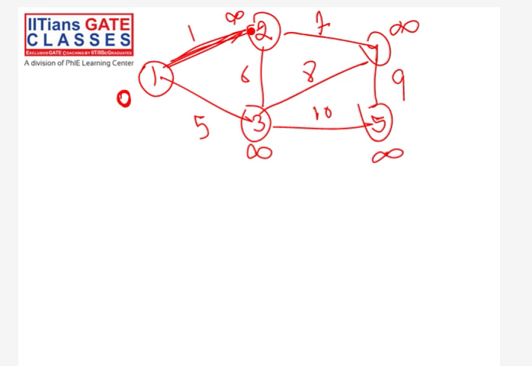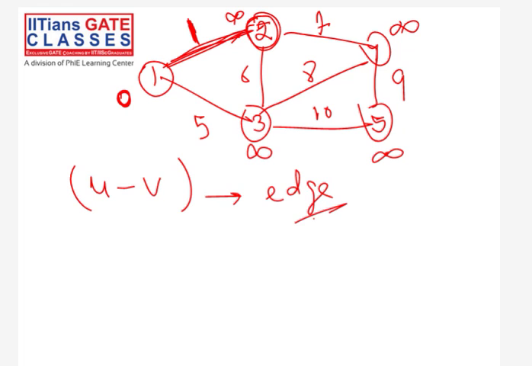If your current edge weight is less than the value of this node, that means, okay, let me call, edge u to v is in consideration.